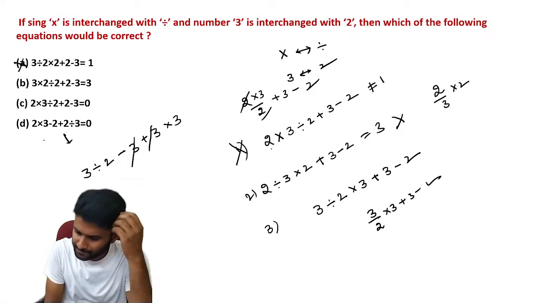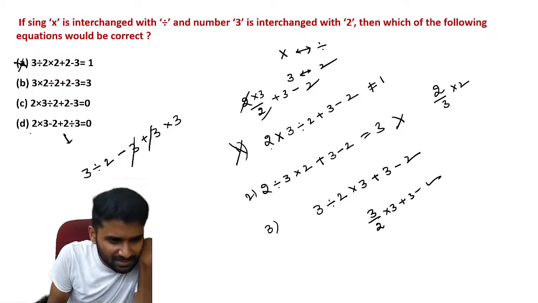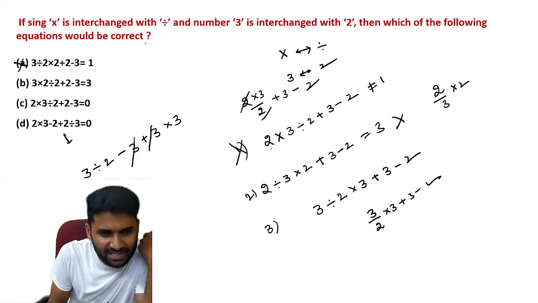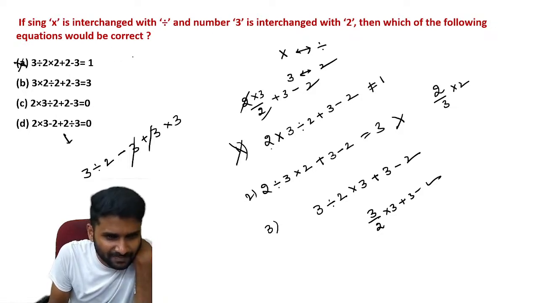The last one, let's check with option D. Its multiplication is interchanged with division. 3 divided by 2 minus 3 plus 3 into 3. Plus 3 minus 3 cancel. 3 divided by 2 is equal to 1.5.